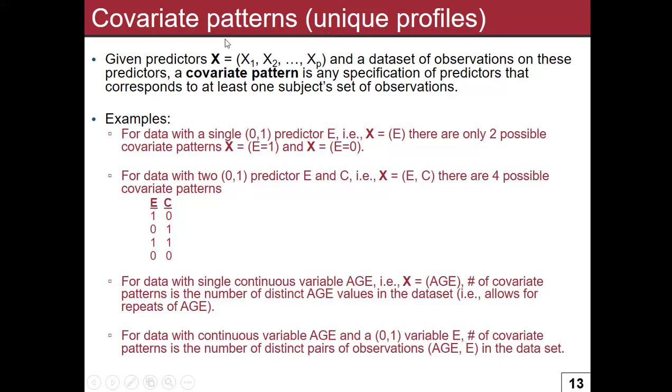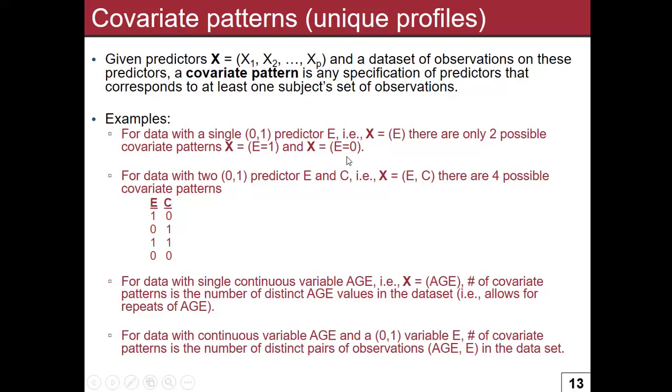Imagine you've got a data set with just one exposure, E, and it only takes on the values 0 and 1. There are only two possible covariate patterns: exposure equal to 1 and exposure equal to 0.